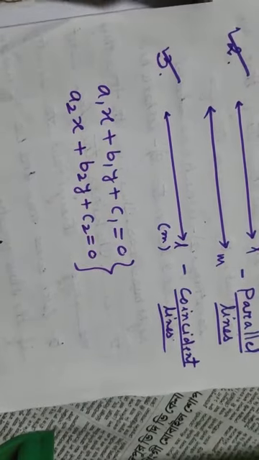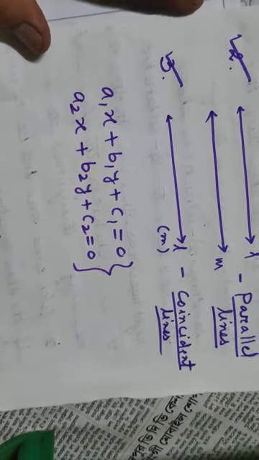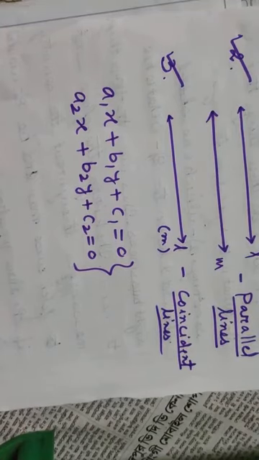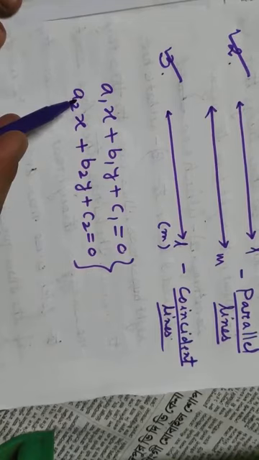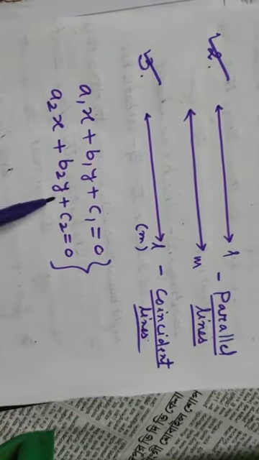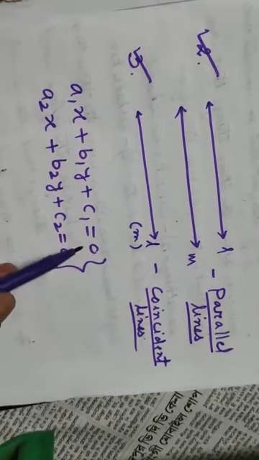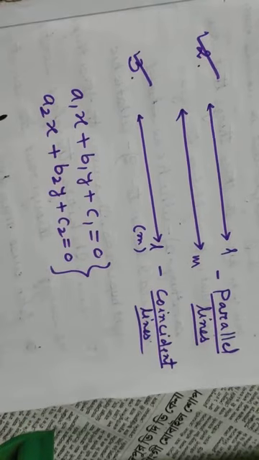Whenever this pair of equations is given, what are the conditions under which they will represent intersecting lines, parallel lines, and coincident lines?